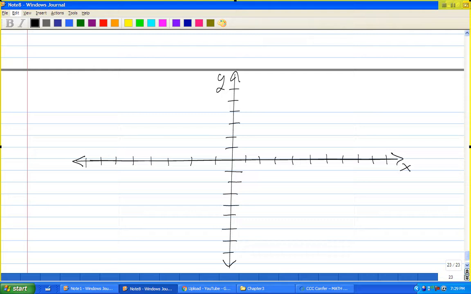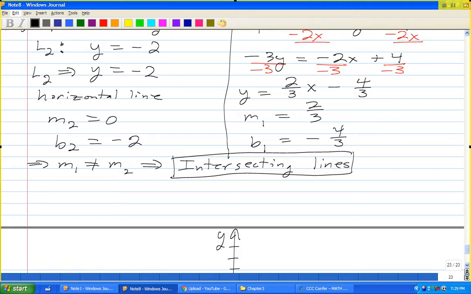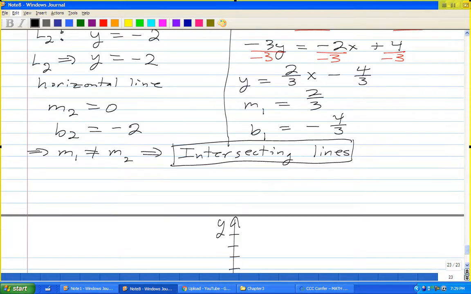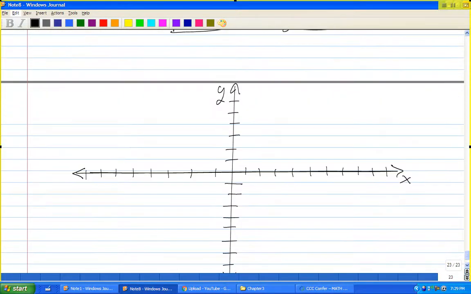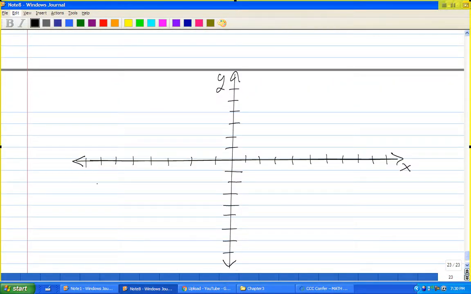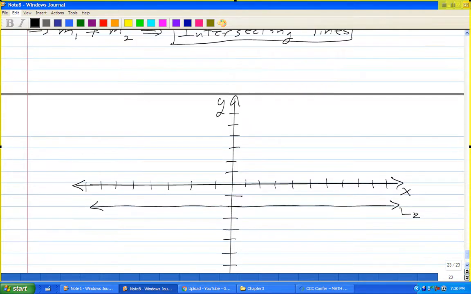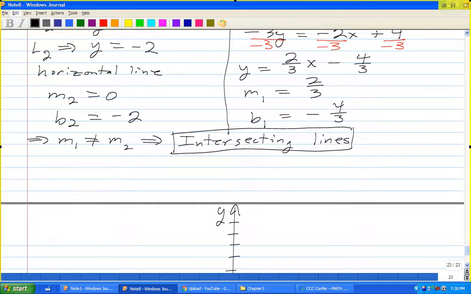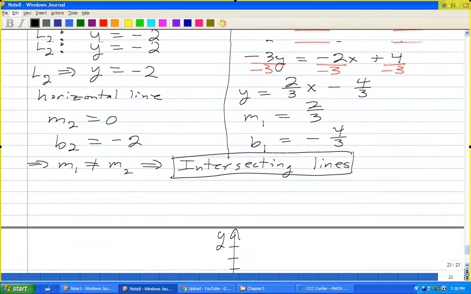Okay, so the y-intercept, so let's do the second line. The y-intercept is -2. Okay, so L2. Let's do L1. Don't do a y-intercept.